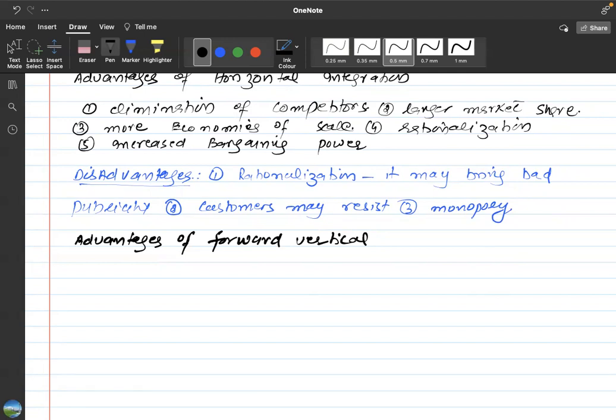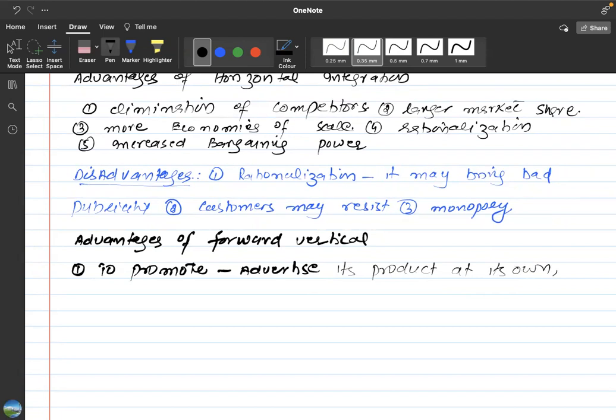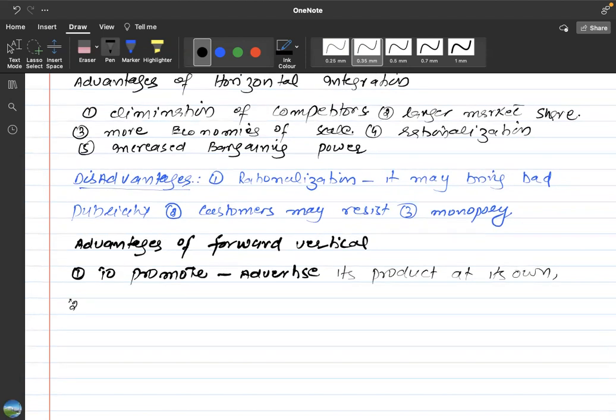Now, the advantage is that the business is in a position to promote and advertise its product on its own, because they are direct with the customers now.